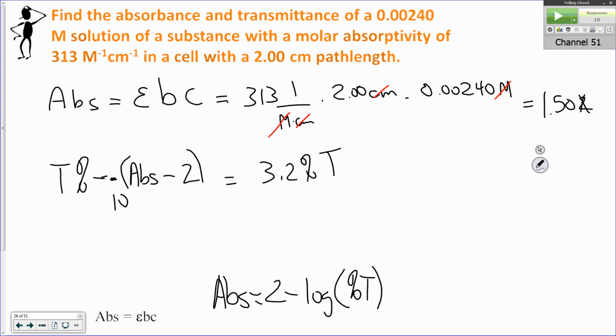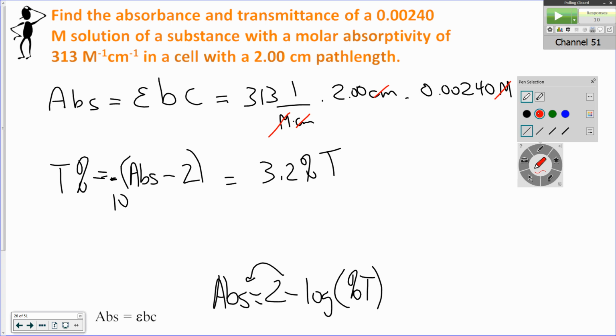There's 1.2%. So I took and subtracted this to the other side, took the negative of both. That's what this is. So I moved the negative over, and to find out what the T was, I took the anti-log of both sides.